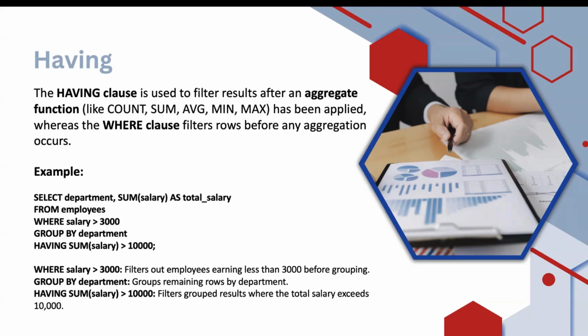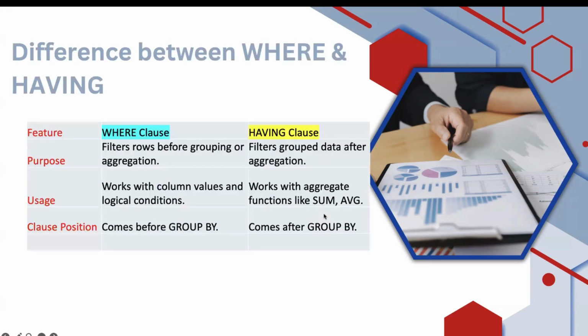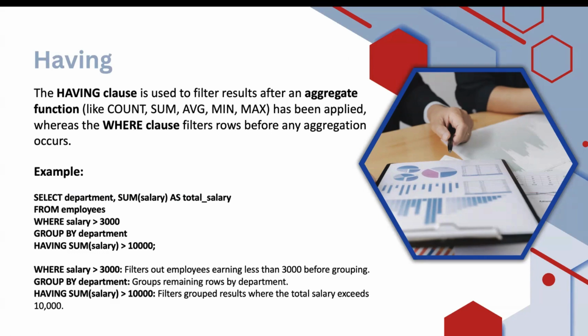So having is mainly used with these aggregate functions. There we are also using the where clause and the having clause. So what's the exact difference between the where clause and the having clause?